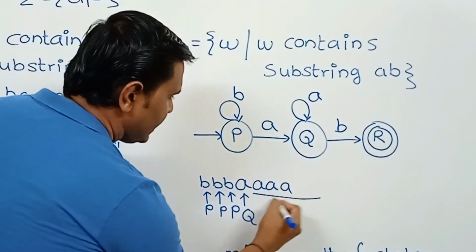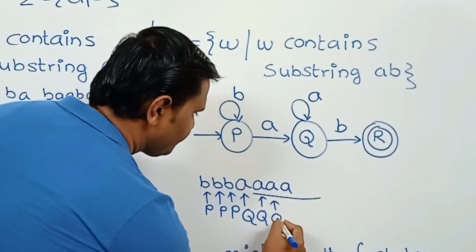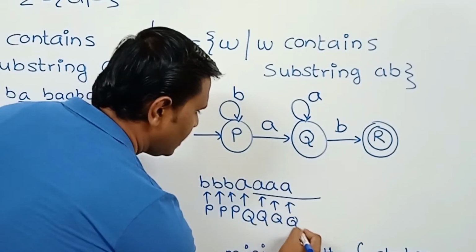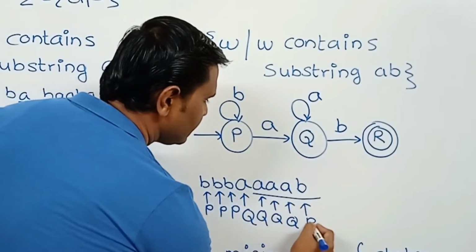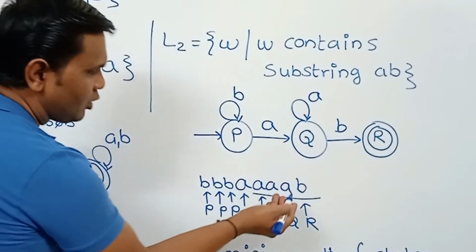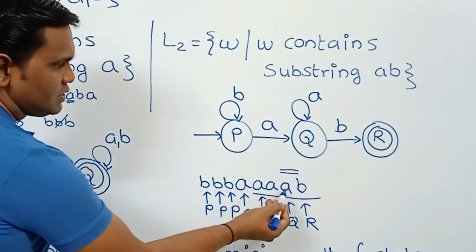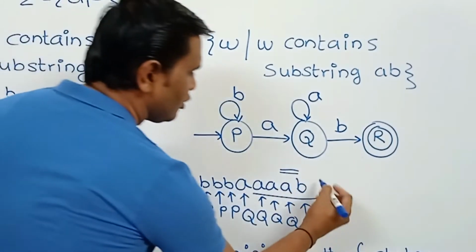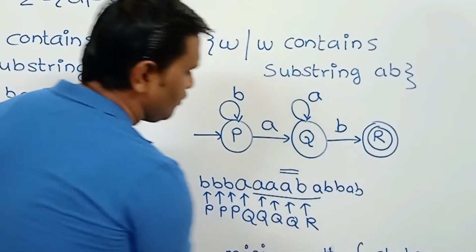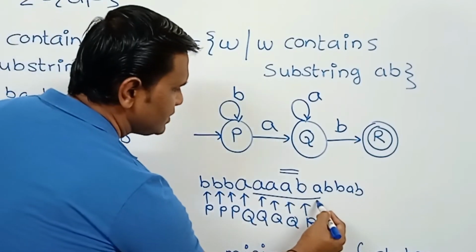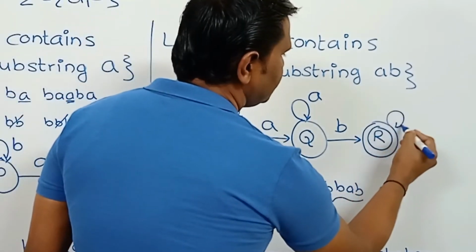So as long as A's are coming, you remain in state Q, and once you find B, we go to state R, because here we find substring AB. Once you find substring AB, it does not matter what comes next. You simply process the remaining part of the string and accept the string.